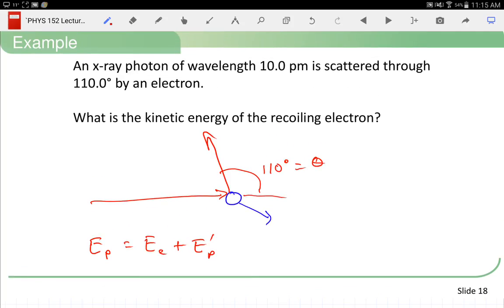Okay, I know the energy of a photon is equal to hc over lambda. And since I know the wavelength is 10 picometers, that's going to be 1240 nanometers times electron volts divided by 0.010 nanometers.